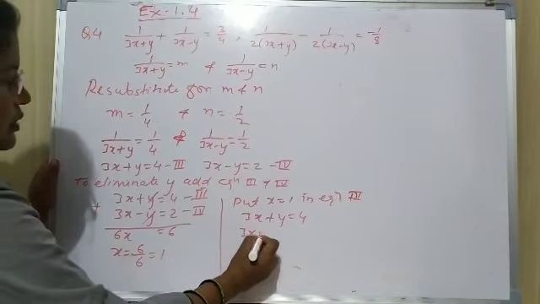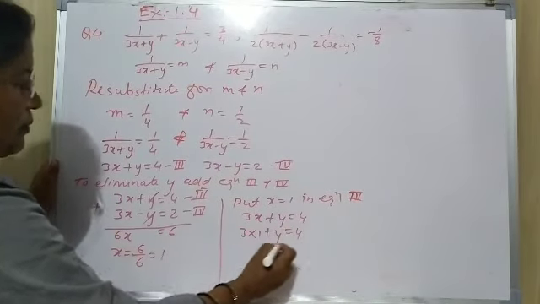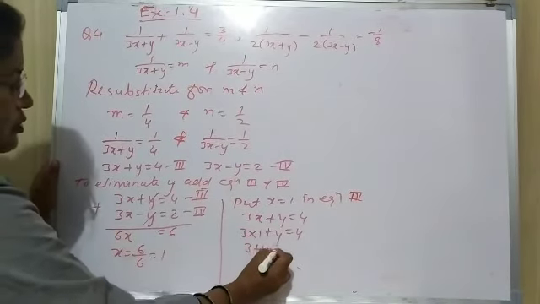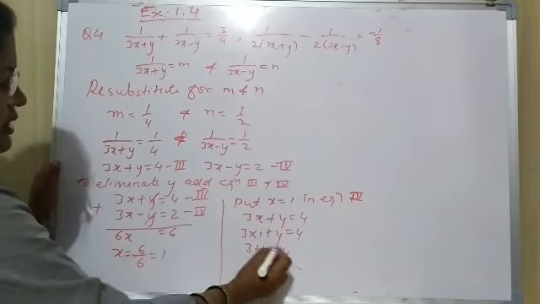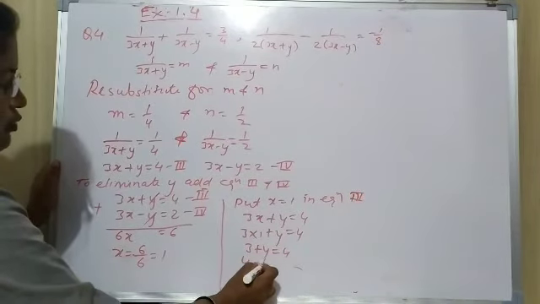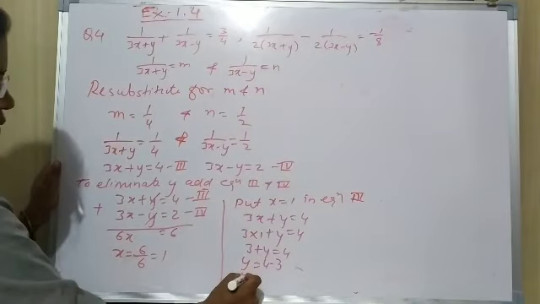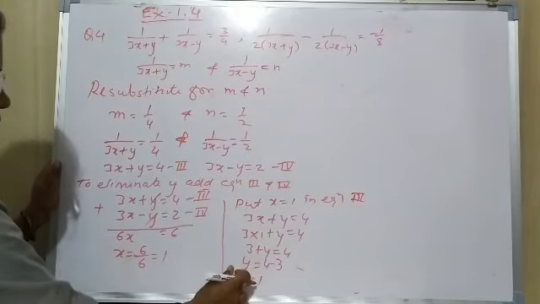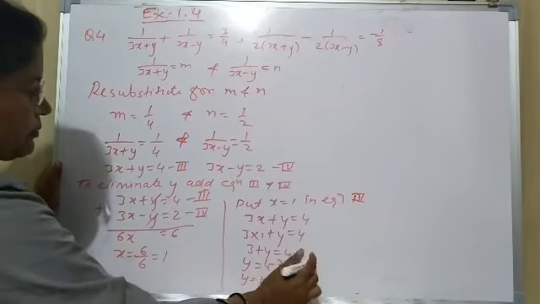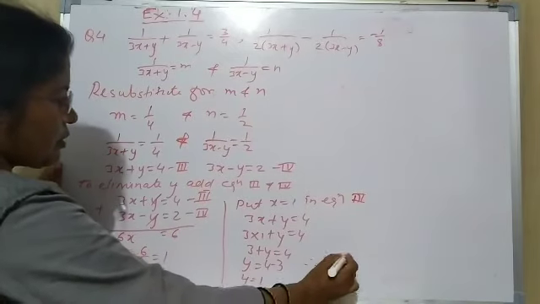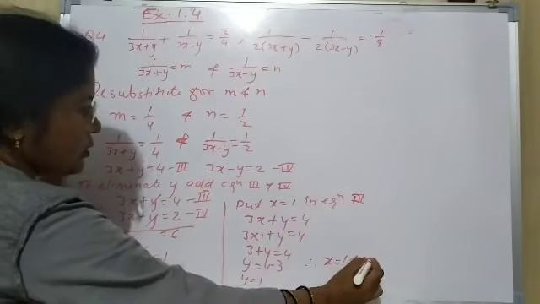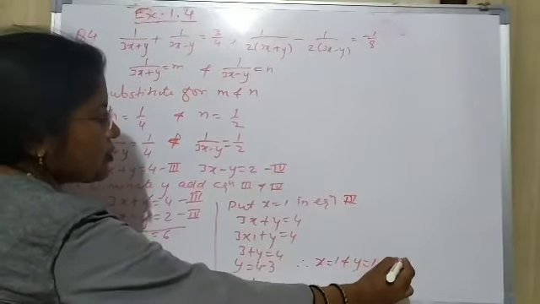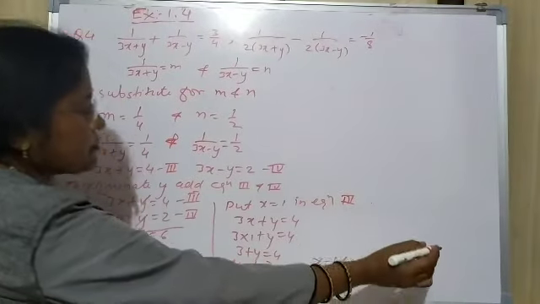So 3 into 1 plus y is equal to 4. 3 plus y is equal to 4. Let's transfer this 3 that side. So y is equal to 4 minus 3. y is equal to 1. Therefore, x is equal to 1 and y is equal to 1 is the solution of the given equations.